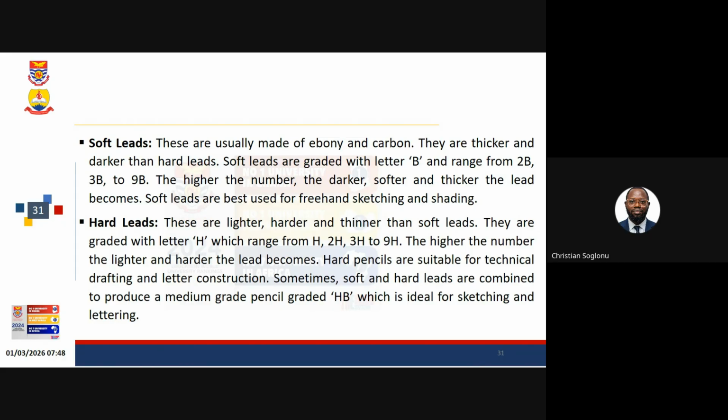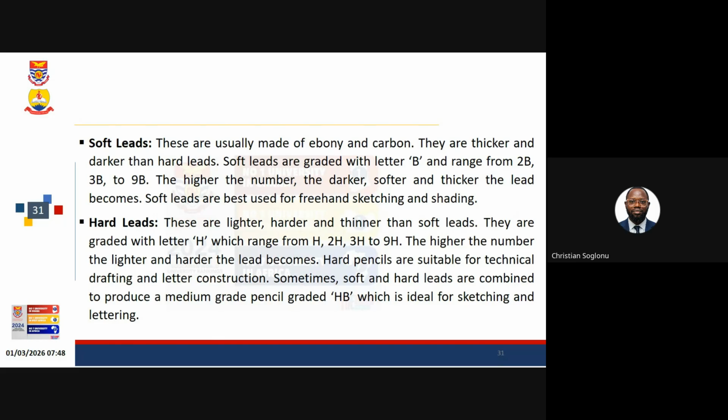The soft ones give dark tones. So they range from B to 12B: B, 2B, 3B, 4B, 5B, 6B, 7B, 8B, 9B, 10B, 11B, and 12B. And they are very, very soft.